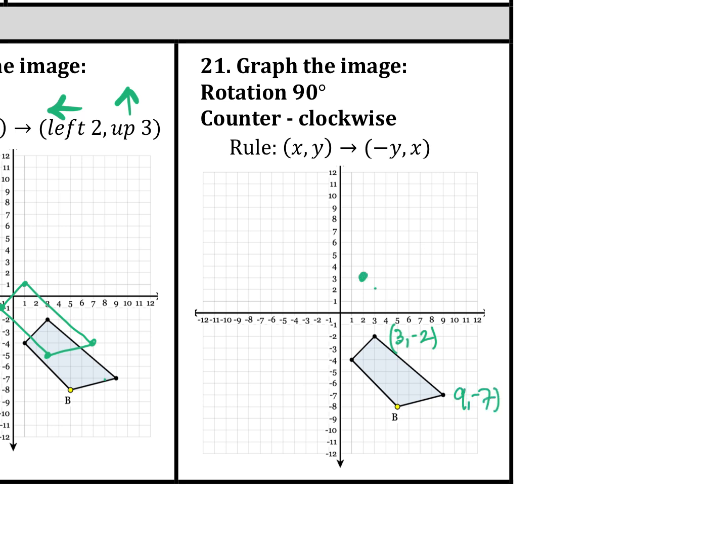So switch. So it'd be 7, 9. We got 5, negative 8. So that would be 8, 5. And we got 1, negative 4, so that would be 4, 1. So it looks like our new shape is there. Okay. Last page coming up.